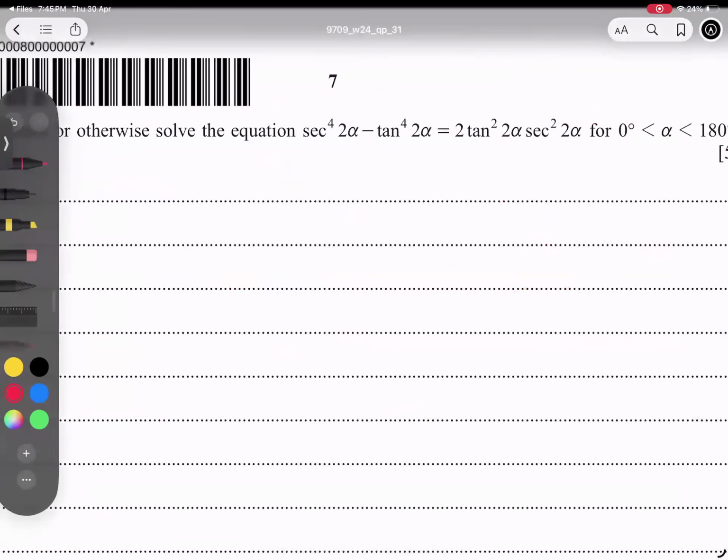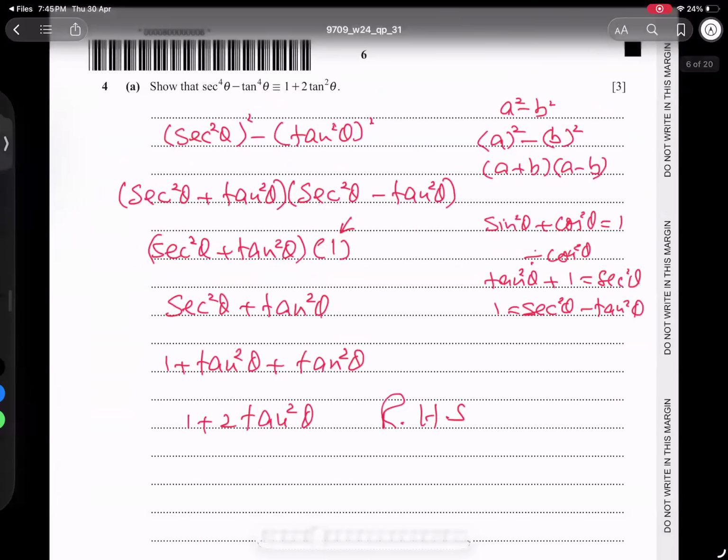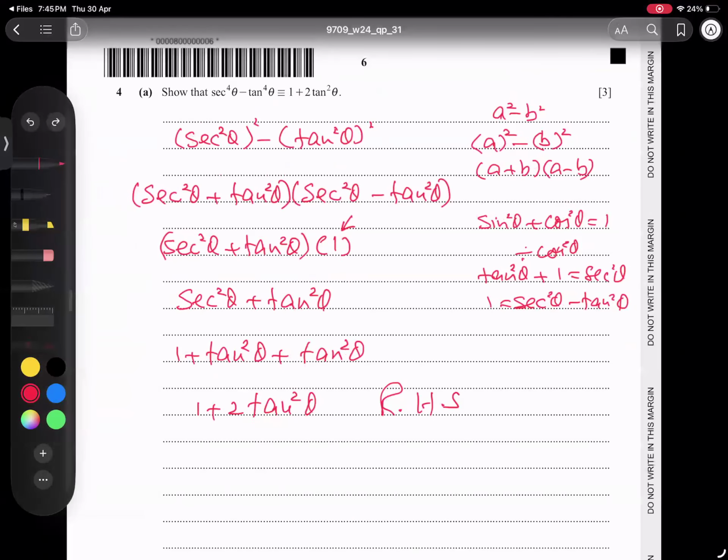Same part you can use here. So I must bring that previous proving part on this page, which will help us to solve. So secant 4 theta minus tan 4 theta is basically equal to this.